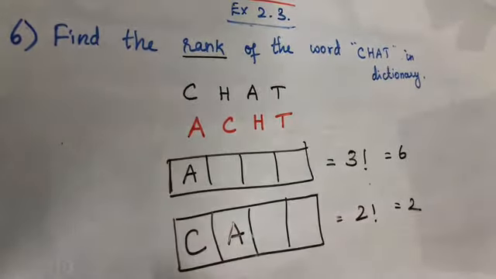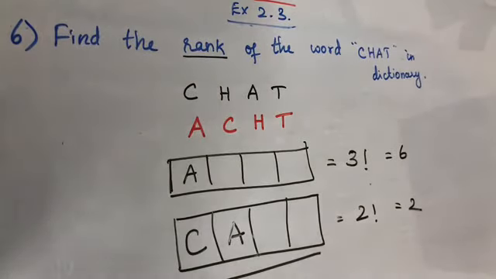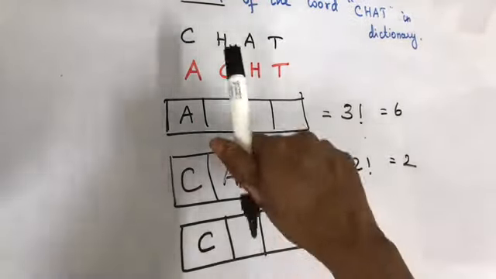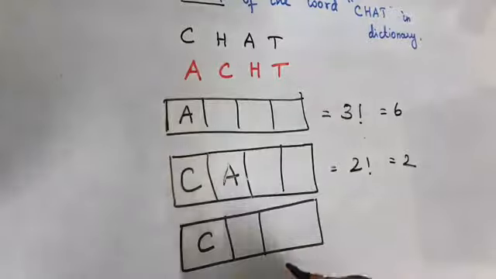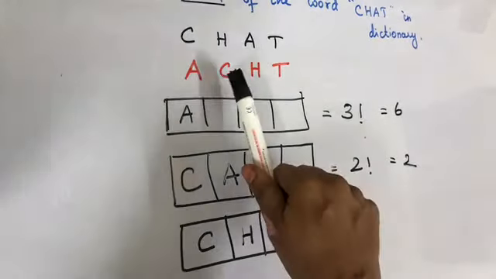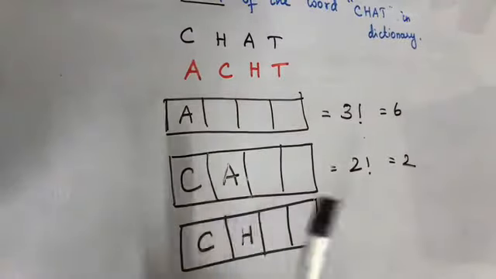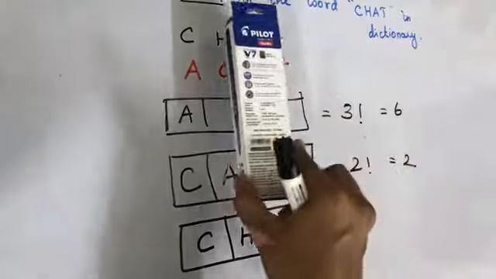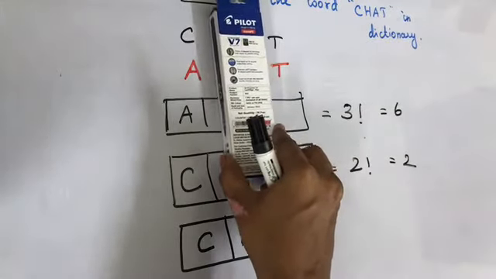Now, I write C. What is the next letter here? H. First I write C and the next letter H. If I hide C and H, what are the remaining letters?